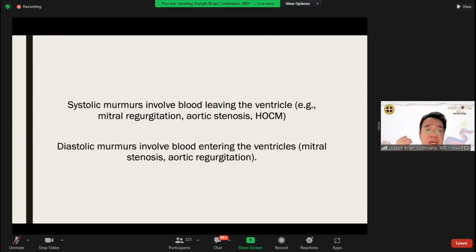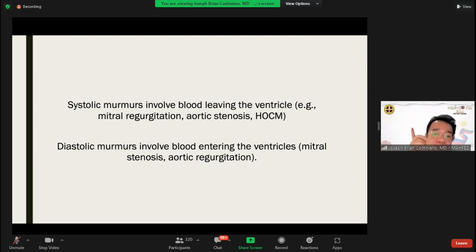That is your mitral regurgitation. So that's why you hear MR in your systolic murmur. Meanwhile, you also hear aortic stenosis, because in aortic stenosis the blood leaves the ventricle going to the aorta, and because of the stenosis, it will produce the systolic murmur, as well as your hypertrophic obstructive cardiomyopathy or HOCM, no? So that is systolic murmur.